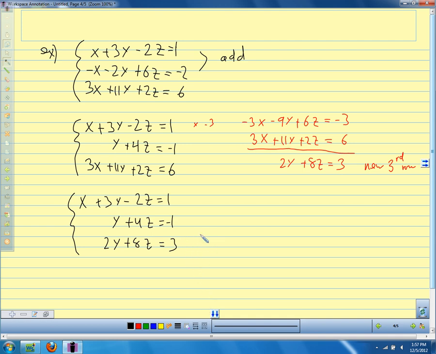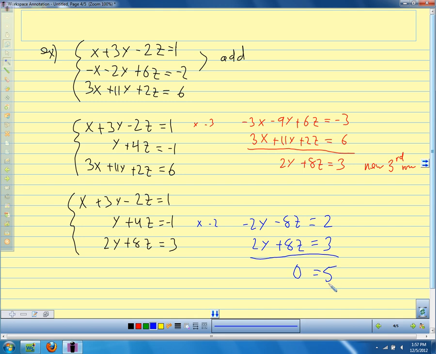So what do we need to do? Multiply the second row by negative 2. I'll rewrite that over here. Minus 2y minus 8z equals 2. And 2y plus 8z equals 3. I add these together and I get 0 here, I get 0 here, I get 0 equals 5.